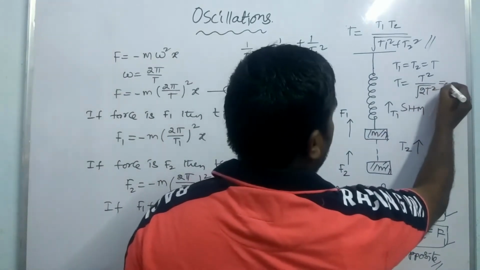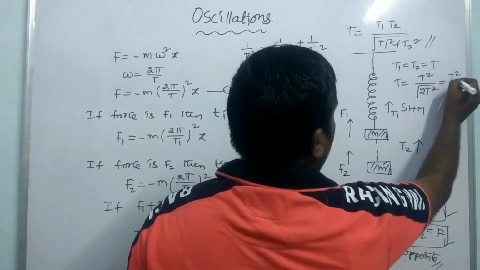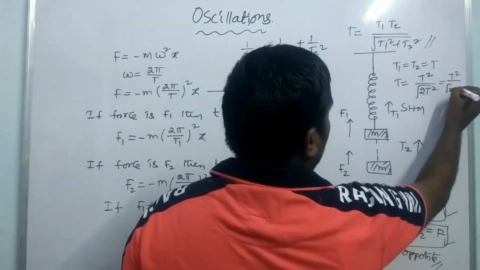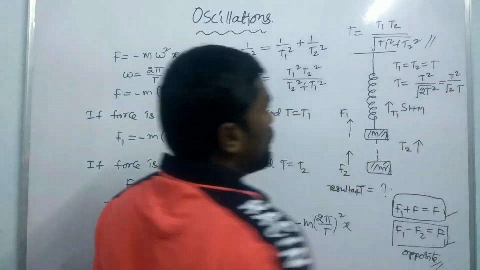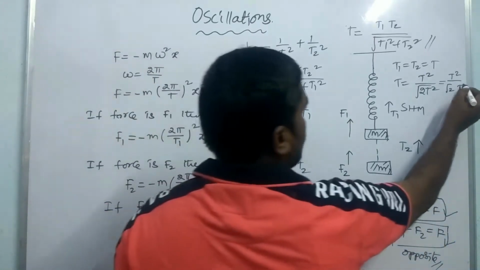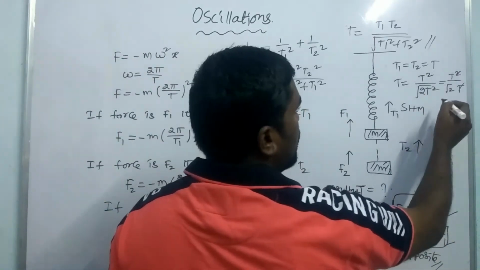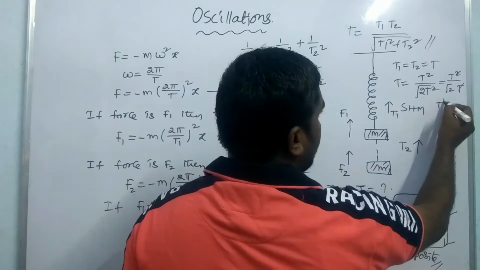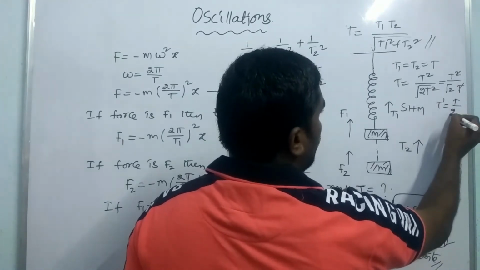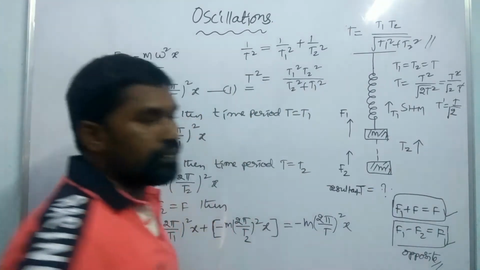It is t square by root 2t, so then t and t will be cancelled, t by root 2, so t dash is equal to t by root 2.